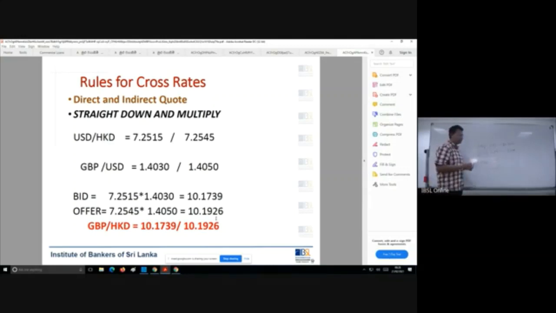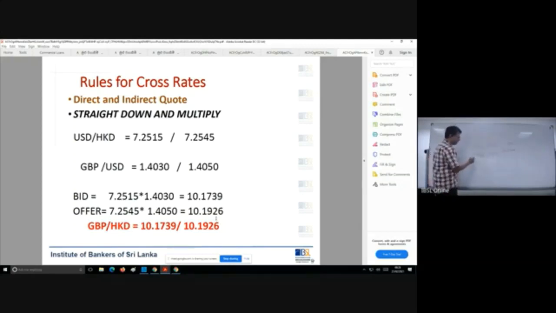If you take the example given here, they have been given USD HKD. This is direct. And the other one they have been given is GBP USD. This is indirect.